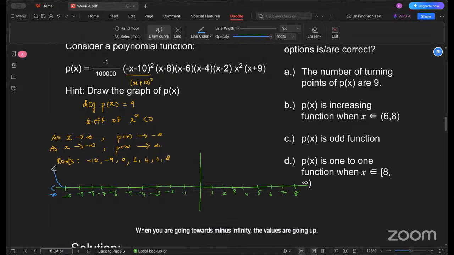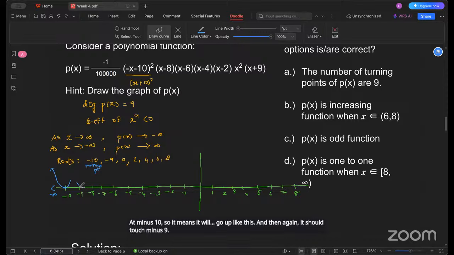So here you have a graph like this, and then it will touch the x-axis at minus 10. Here you have a turning point at minus 10, so it will go up like this. And then again it should touch at minus 9, and it will come something like this.